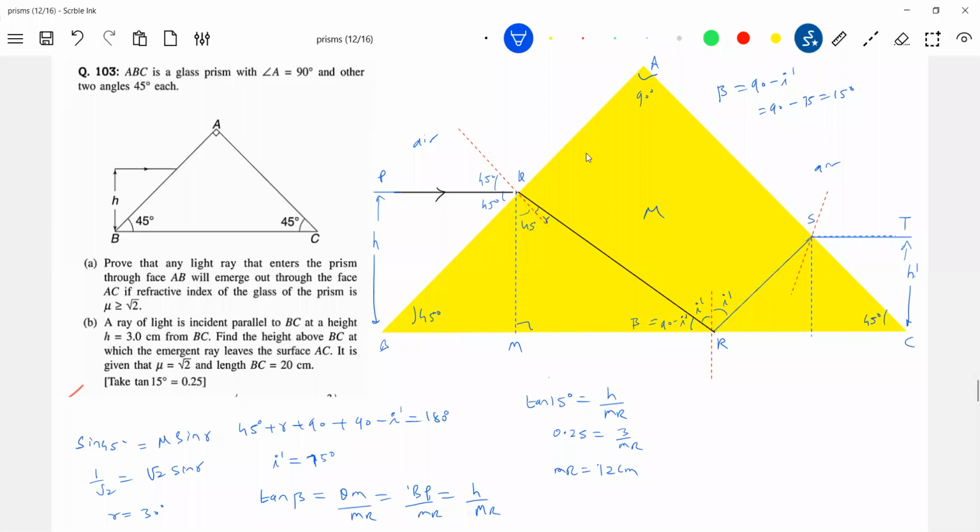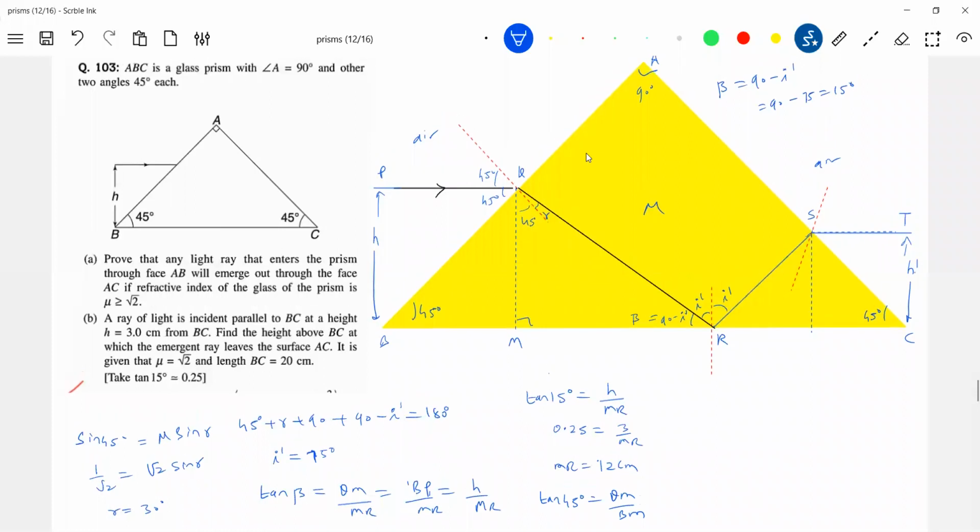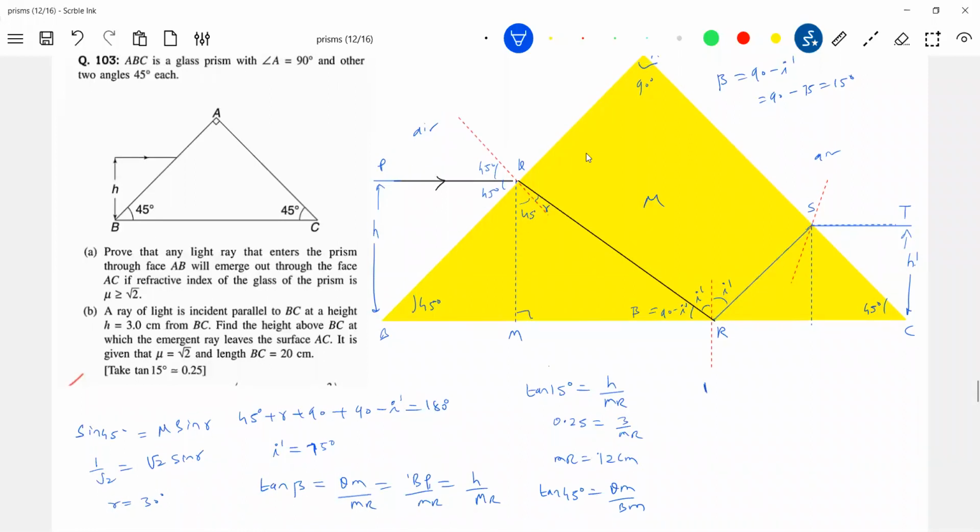BM should be equal to QM because tan 45 equals QM by BM, so 1 equals QM by BM. QM is H. So therefore BM equals H equals 3 centimeter.